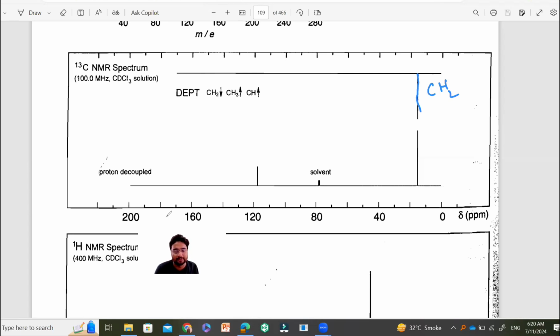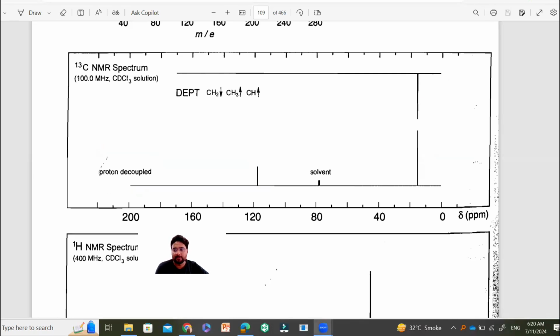There is no carbonyl group and no other functional group in this compound. In the proton decoupled spectrum you get two signals. The first is the CH2 signal, and the other is a signal in the range of 115 to 120. This signal might be the carbon of the carbon-nitrogen triple bond, a quaternary carbon, which mostly appears in this range.